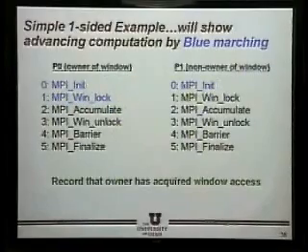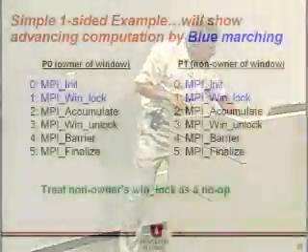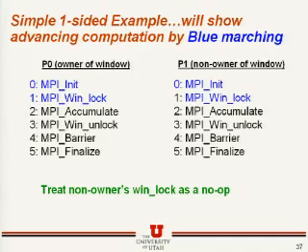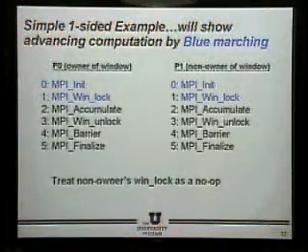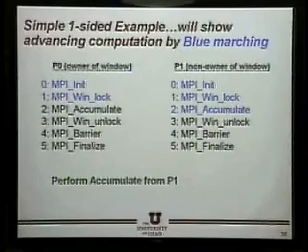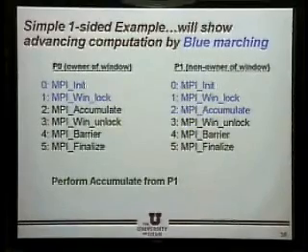So the scheduler records that P0 has acquired the window, the window is locked. The scheduler has to sort of mimic the MPI semantics a little bit. Now MPI win lock came, but remember the non-owner's win lock is a no-op, so the scheduler says go ahead, do it. Then an accumulate operation came, no problem, do it.